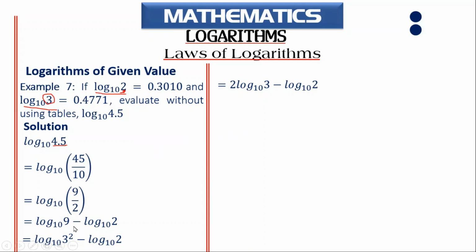So what can you say regarding what we have then? You look at it very well. We have log 3 to base 10, we have log 2 to base 10. So what you just need to do is slot in the value as given in place of log 2 and in place of log 3.